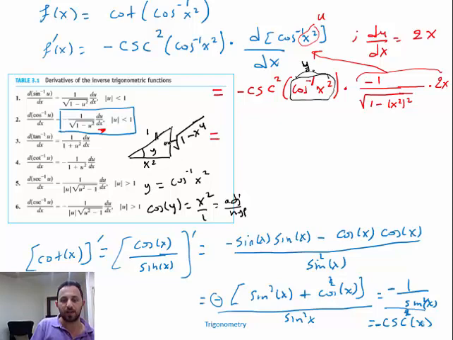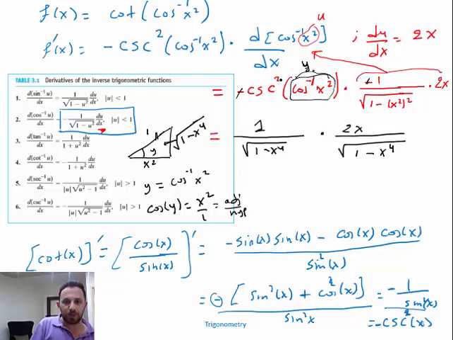So this is the length of the opposite. So the cosecant of y is hypotenuse, which is 1, over radical 1 minus x power 4. So this minus becomes plus, multiplied by minus, multiplied by 2x over radical 1 minus x power 4.